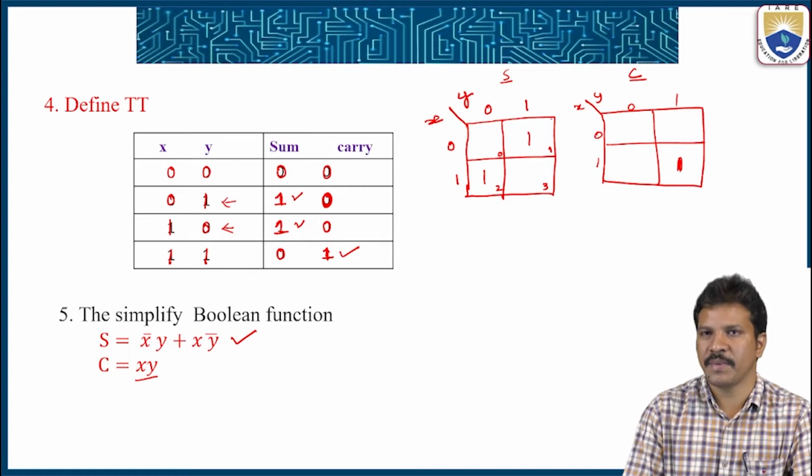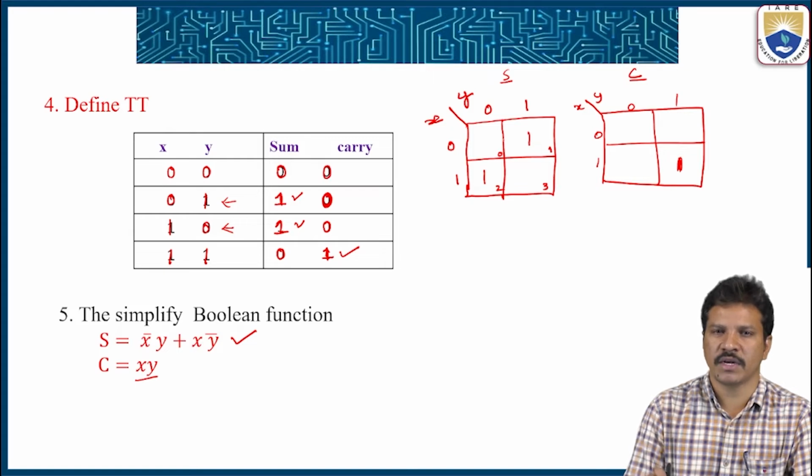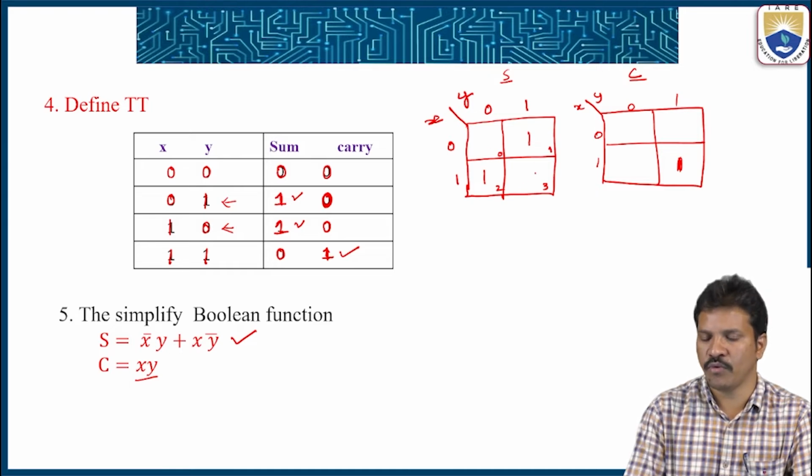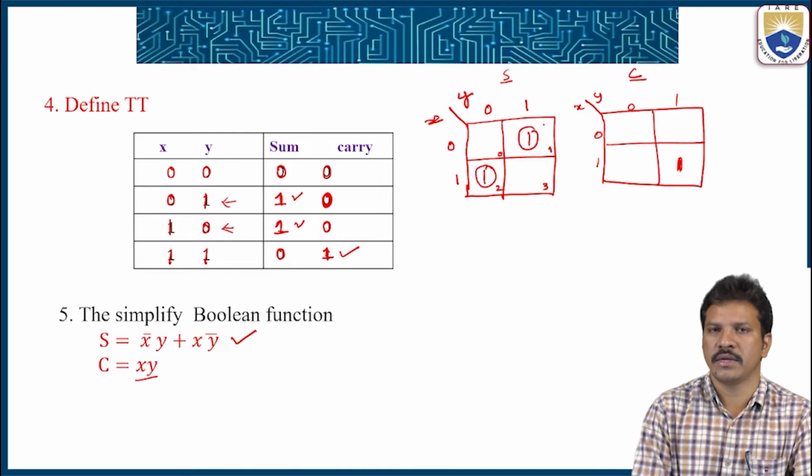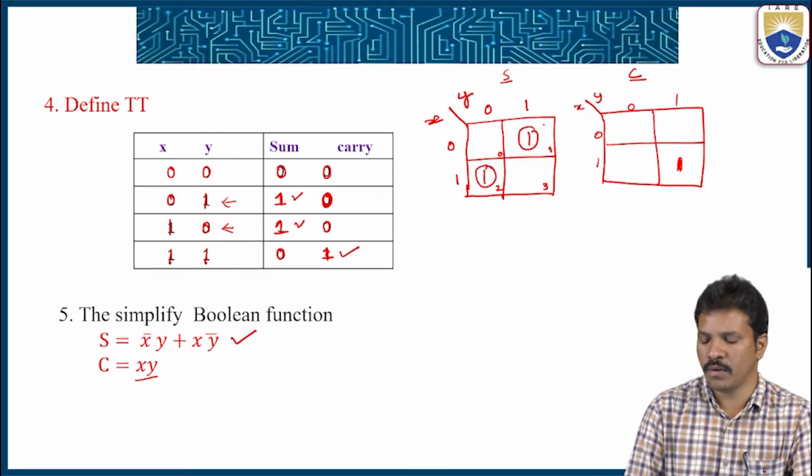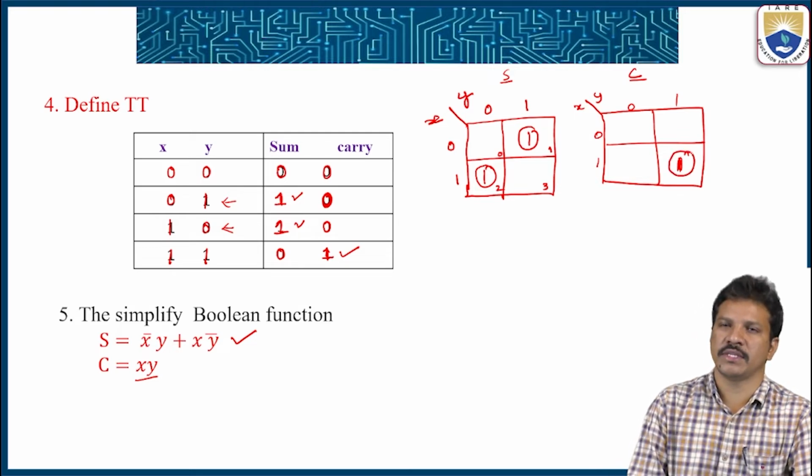Now the next step is to check whether all four squares are ones; if not, whether two ones are adjacent; if not, single ones. So there are no groups of four and no pairs, and we can conclude individually. Here there is only one 1, so we make one circle.